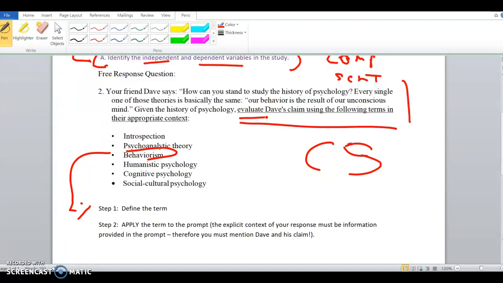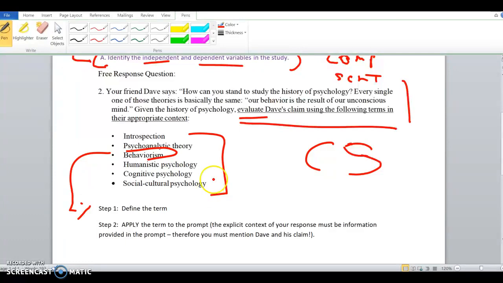Well, evaluate means some of these perspectives might agree or support Dave's claim, and some of them might disagree with Dave's claim. So after you define what behaviorism is, you have to tell me why or how behaviorists would evaluate Dave's claim that the unconscious mind is basically responsible for most of our behavior. That's what you need to do.